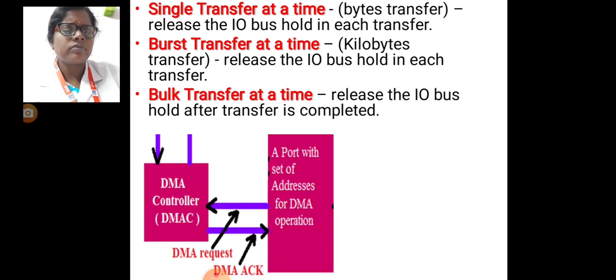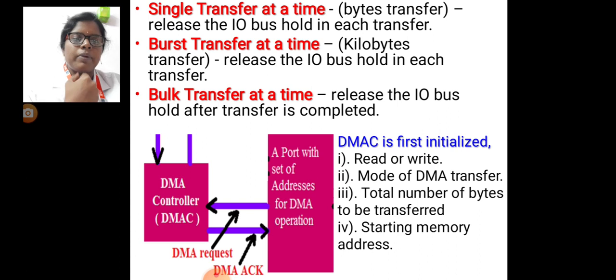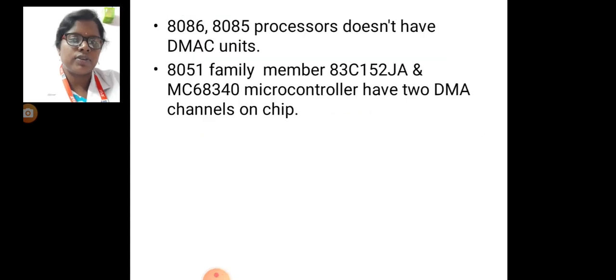And the DMAC is first initialized, then programmed for read or write mode of DMA transfer, total number of bytes to be transferred, and starting memory addresses.